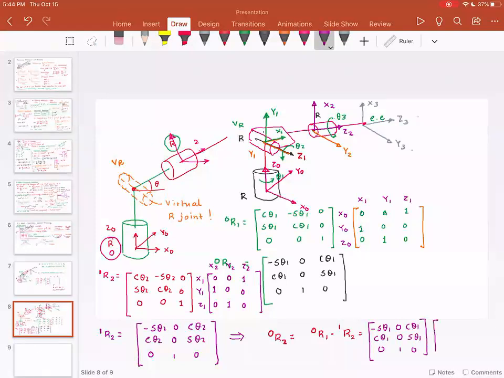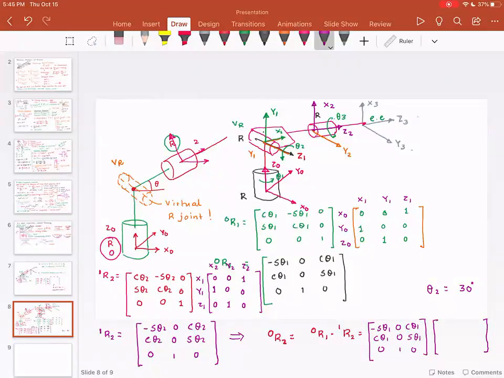However, if you look at the way the problem is set up, theta 2 is actually a constant, and that angle is, say, 30 degrees.